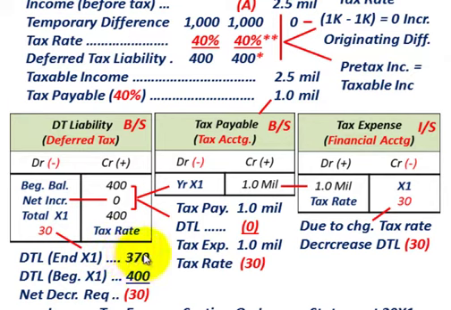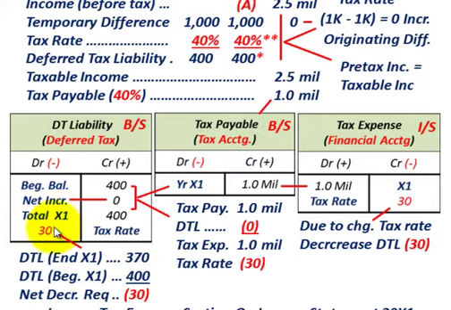The tax rate changed to 34% in year X3, and that reduced our deferred tax liability down to $370,000. So we have a net decrease required: beginning amount $400,000, now it goes down to $370,000. So we debit, or reduce, our deferred tax liability by the difference, $30,000.